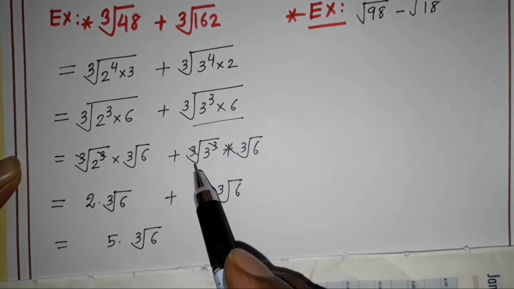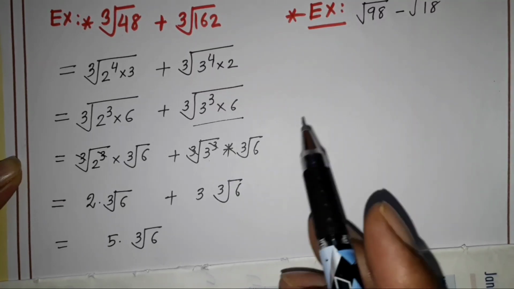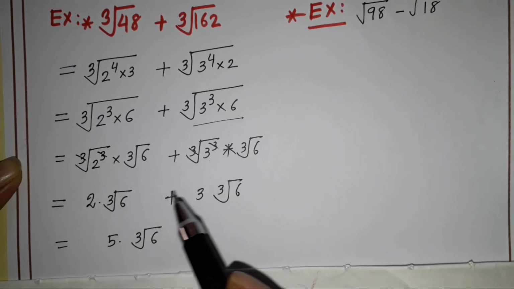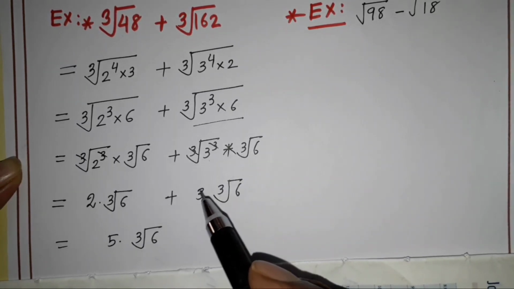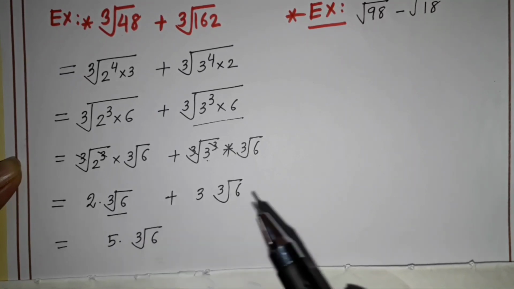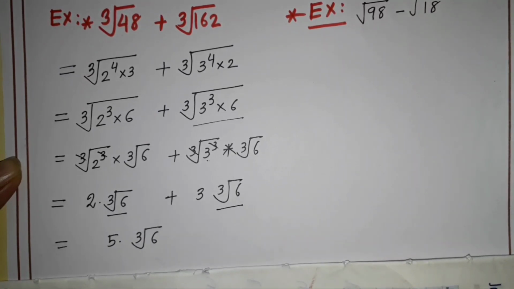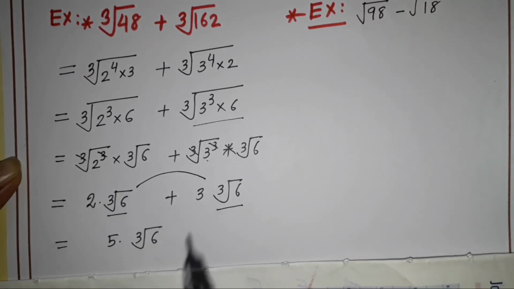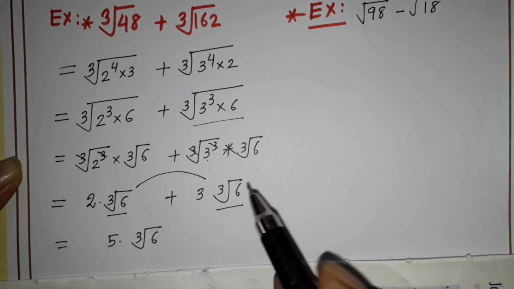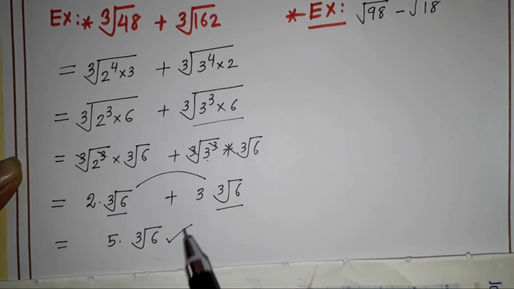This you can write as cube root 3 cube into cube root 6. Cube root and cube gets cancelled, 2 into cube root 6. Here also cube root and cube gets cancelled, 3 cube root 6. See, 2 into cube root 6, 3 into cube root 6. These both are similar surds, like surds. So we can add. So 2 into cube root 6, 3 into cube root 6, totally 5 into cube root 6.